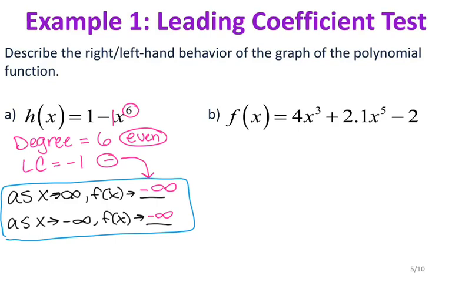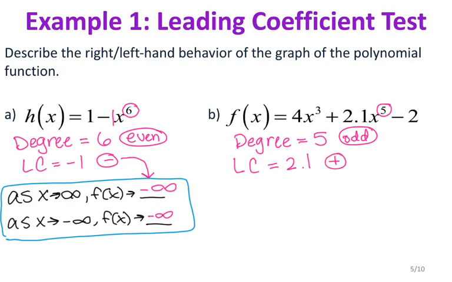All right, next one, I'm going to find my degree. Degree is highest exponent, which is 5, which I can see is odd. Leading coefficient is the number in front of the variable with the highest exponent, which was 2.1, which I can easily see is positive.